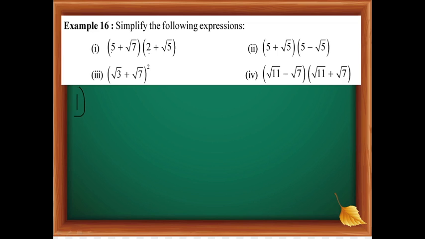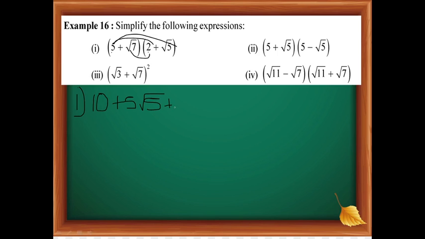5, 2. 5 twos are 10 we will get. Then 5 is multiplied to root 5 also. That will be as it is, 5 root 5. Root 7 into 2, we will get root 7 into 2. What we will get?